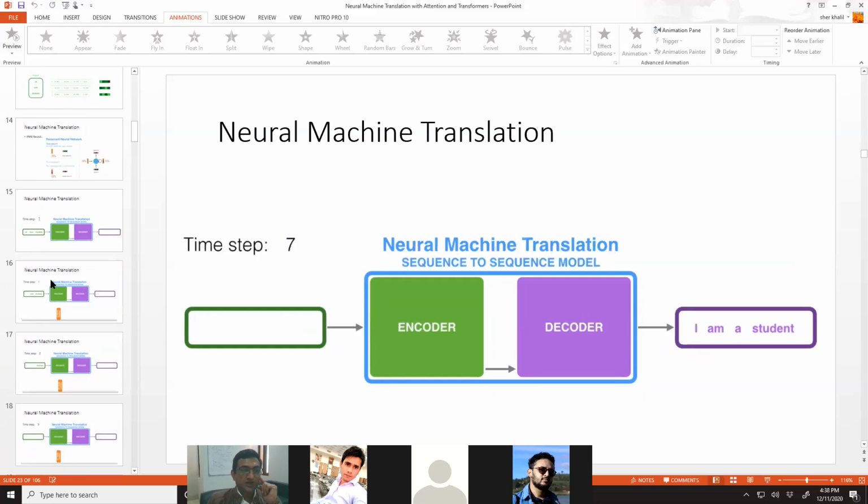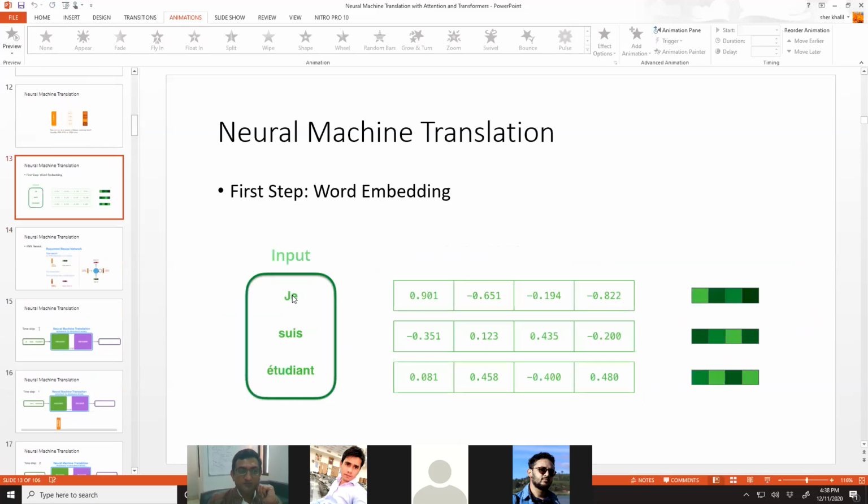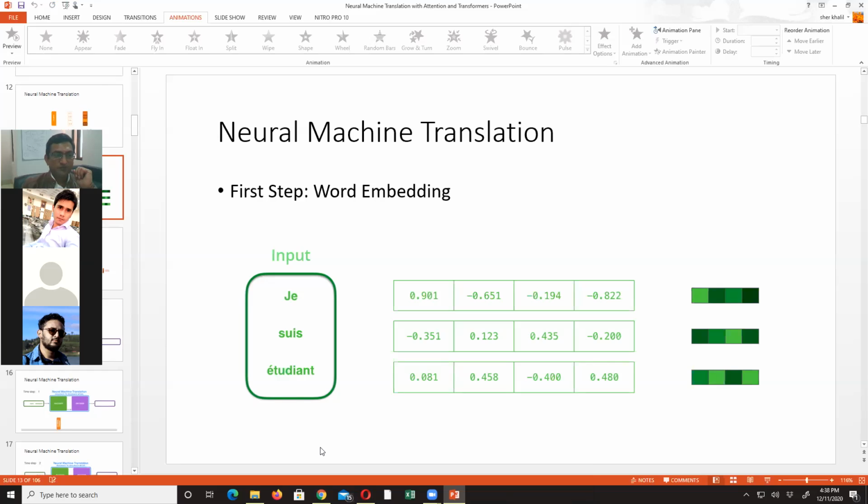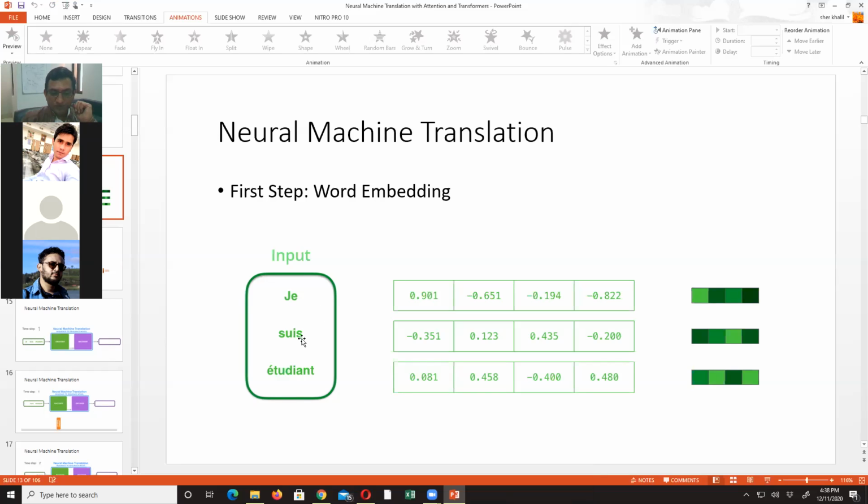Let's see it one more time so that you can understand this concept. The first step is you will have a sequence at the input, which may be any sequence in French or in Urdu or in Sindhi, whatever your source language is. For each word in the input sequence, you need to have an embedding.